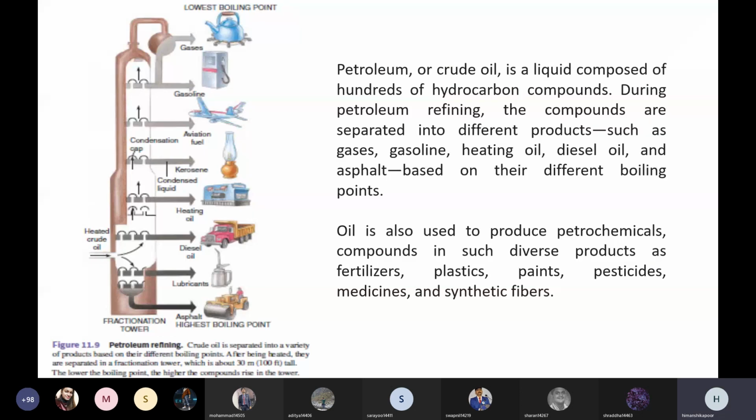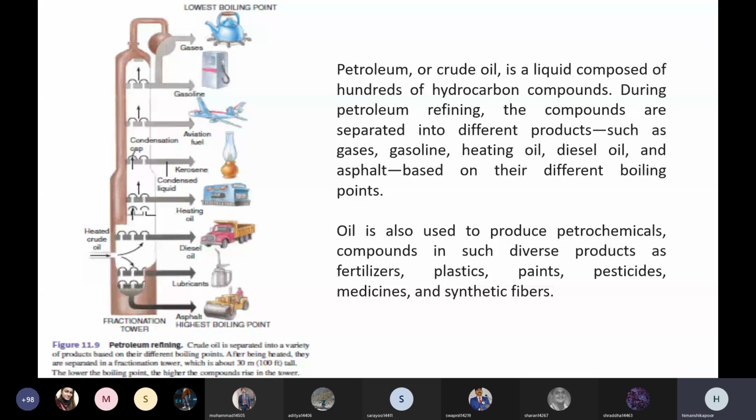Now coming to oil. We all know that oil was also formed in a process similar to how coal was formed. Oil is a thick yellow to black flammable liquid hydrocarbon mixture which is found in Earth's crust.